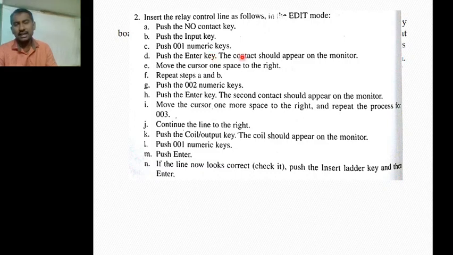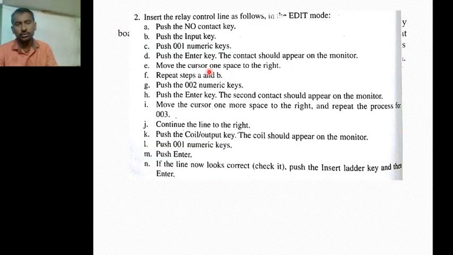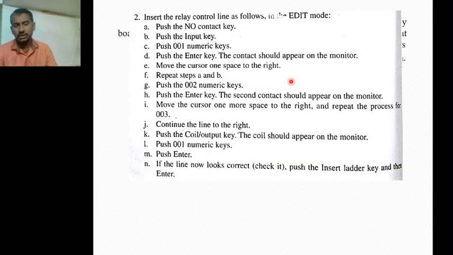When you enter, that contact appears on the monitor. For the second contact, IN002, repeat steps A and B, push the 002 numeral keys, and push the enter key. Then the second contact also appears on the monitor. Then we have to enter the third contact and the coil, and we can run. That is the procedure.